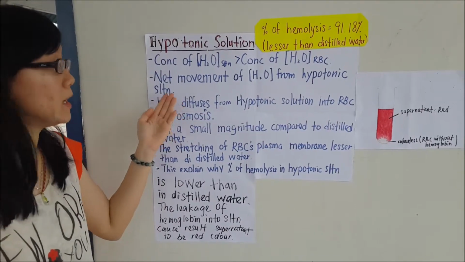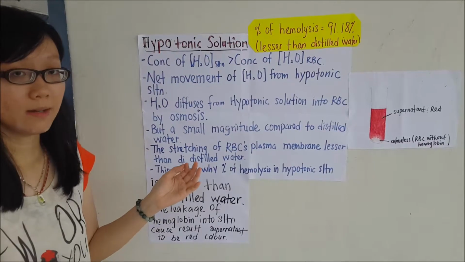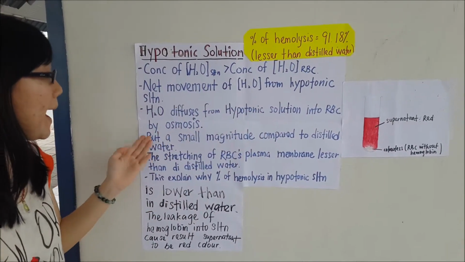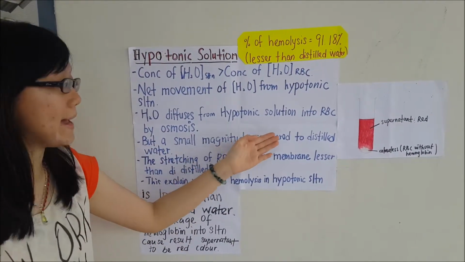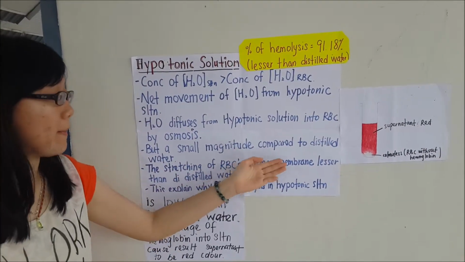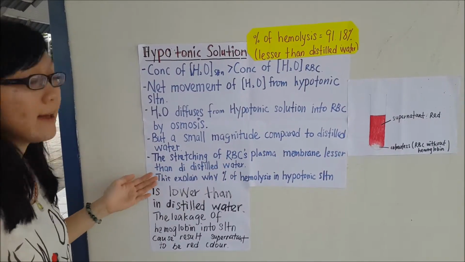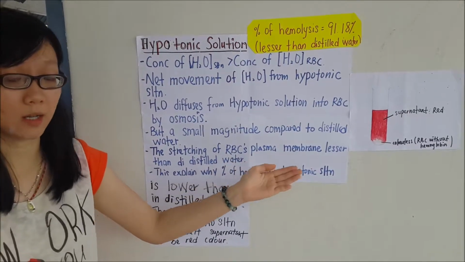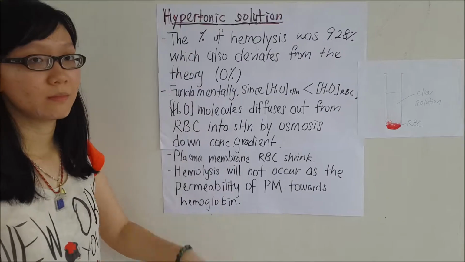Water diffuses from the hypotonic solutions into our red blood cells by osmosis, but with a small magnitude compared to distilled water. The stretching of the red blood cells' plasma membrane will be lesser compared to in the distilled water. This explains why the percentage of hemolysis in the hypotonic solution is lower than in the distilled water.